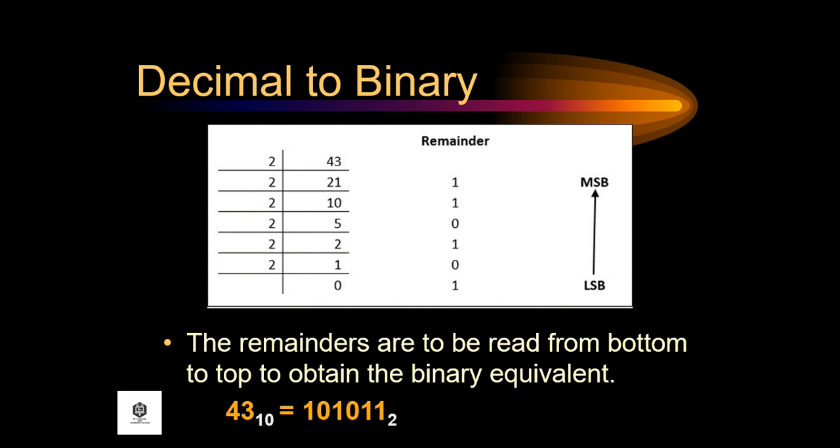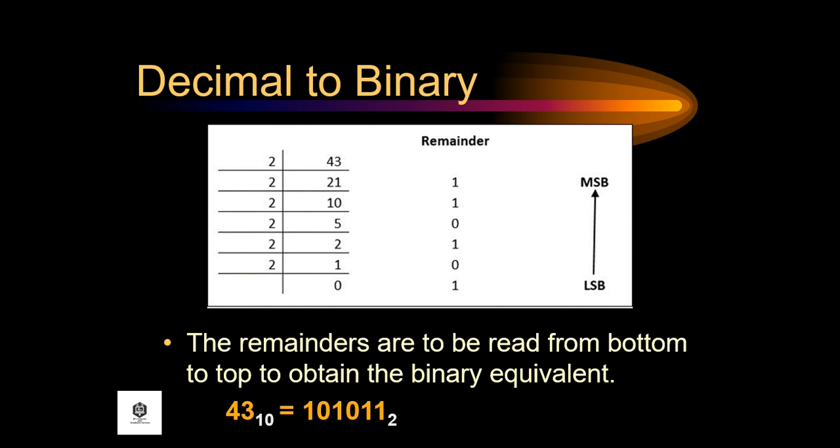Next, 5 divided by 2 is 2. 2 times 2 is 4, so the remainder is 1. Then 2 divided by 2 is 1. 1 times 2 is 2, so there is 0 remainder. And then the last number is 1.